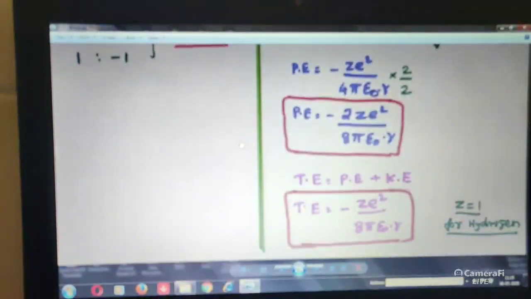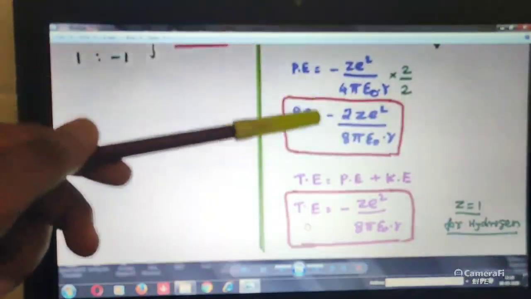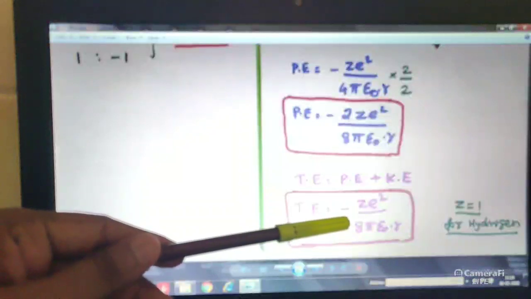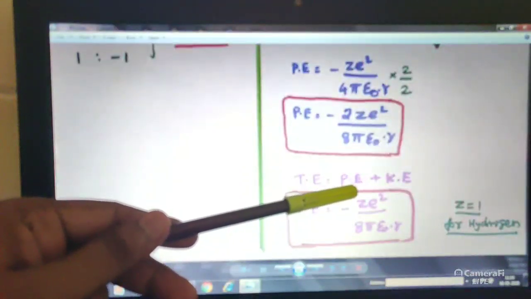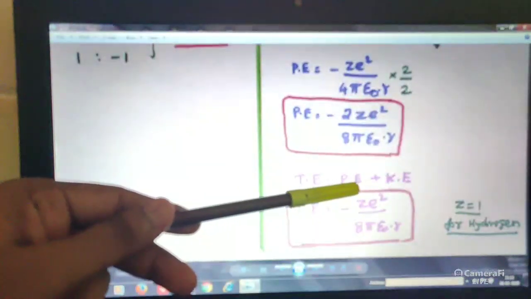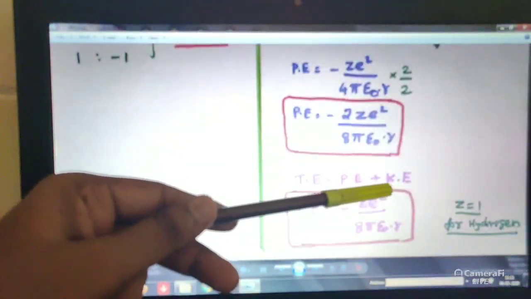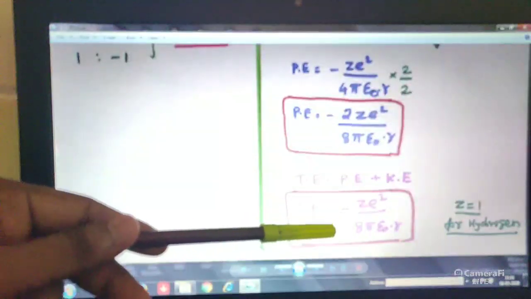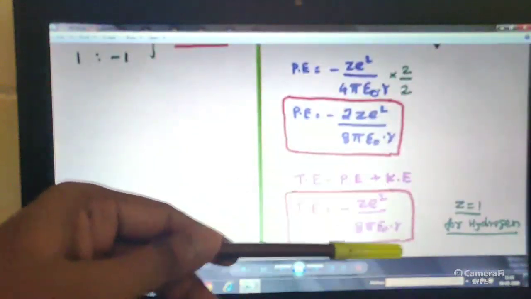Now for the total energy value, directly substituting, potential energy is minus 2 times kinetic energy, plus kinetic energy, so total energy is equal to minus that value.